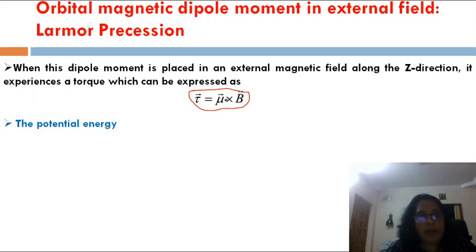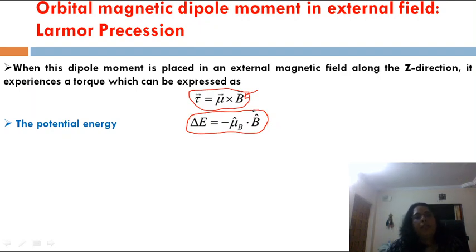Due to the external magnetic field, there is a change in energy.